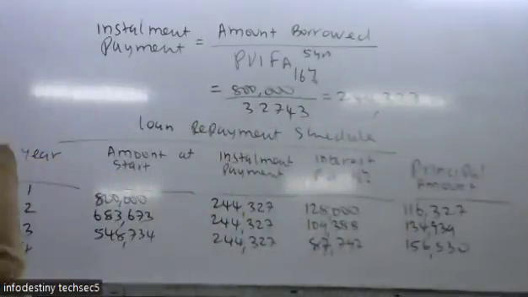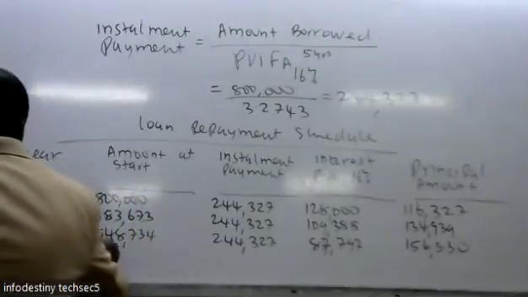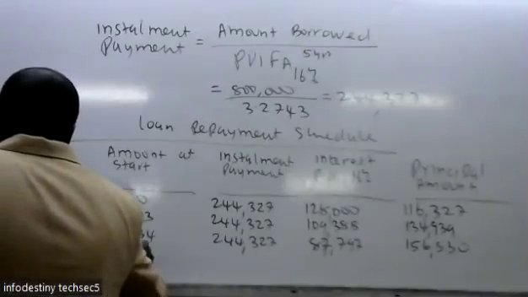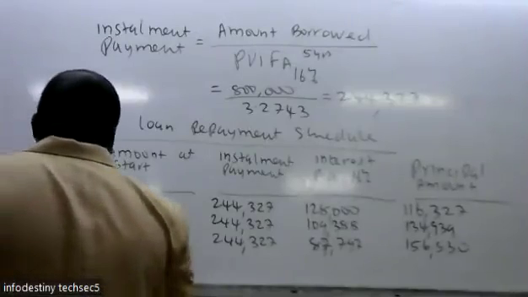What should it be? The amount at the start of year four, 392,204.